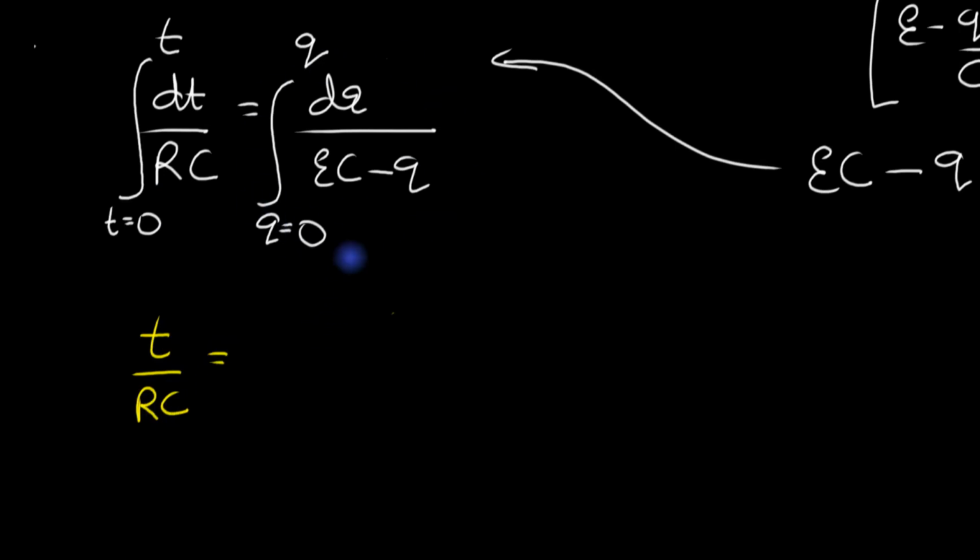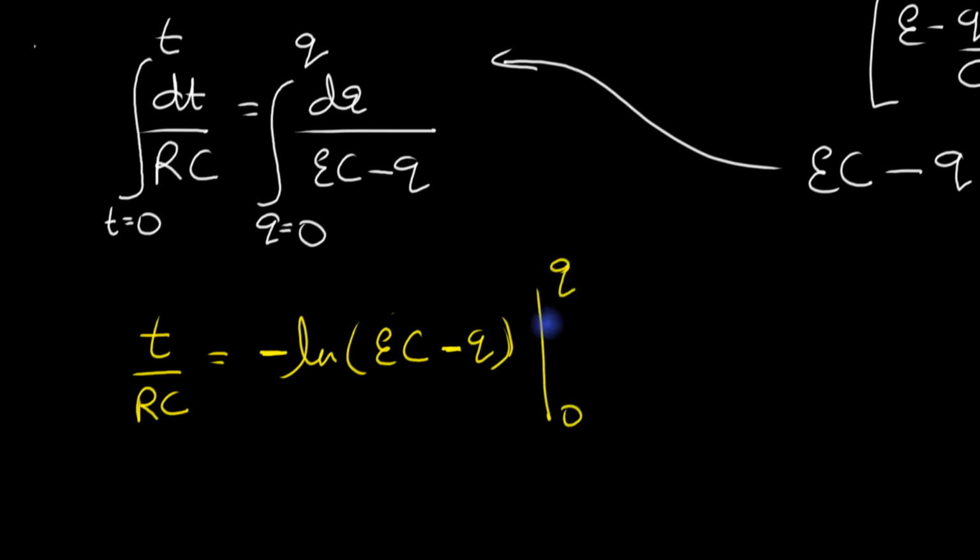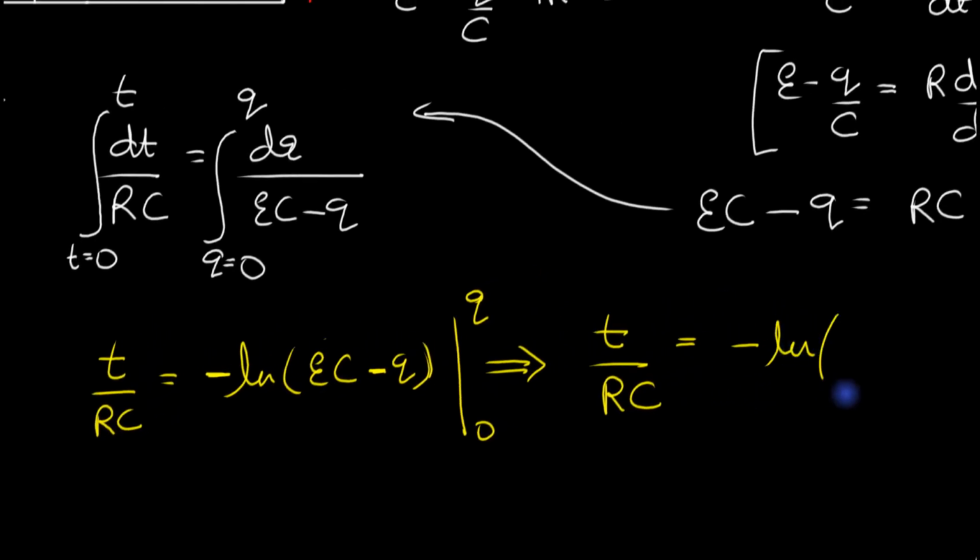And the integral of this is going to be ln, because it's 1 divided by EC minus Q. But then I have to take care of this minus sign, so I might as well just put that minus sign over here, and I have to take care of my limits. So this becomes t by RC equals minus ln.